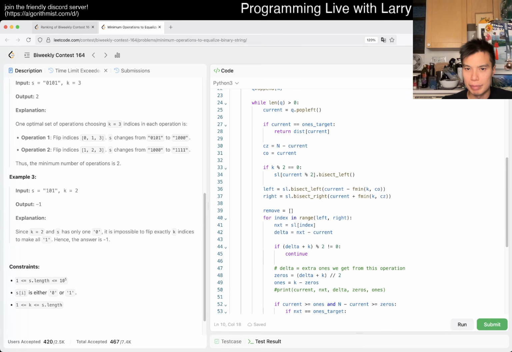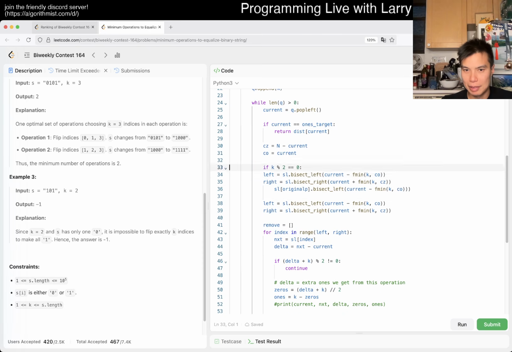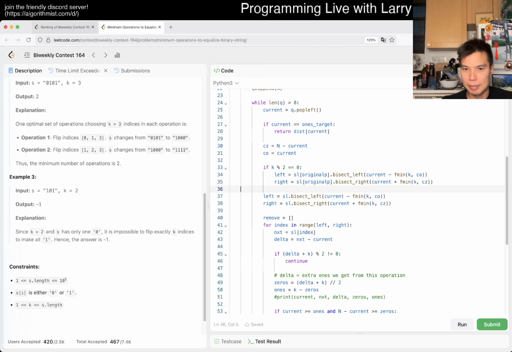But okay, bisect left. Okay, actually just copy and paste it up here. Original P. Right. Yeah, okay, fine. Right.